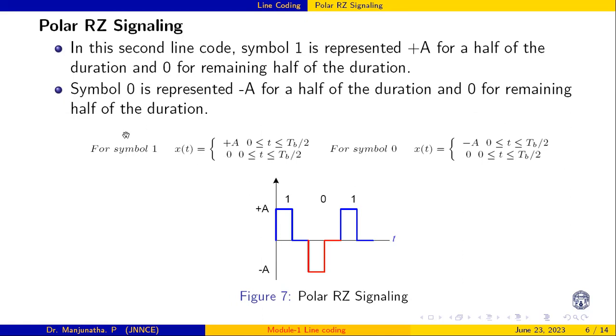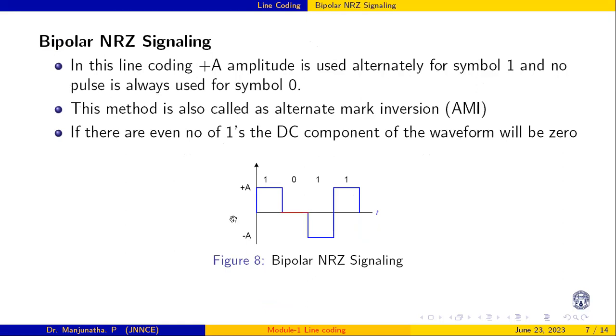That is, x of t is equal to plus A for half of the duration and 0 for the remaining half for symbol 1; for symbol 0, minus A for half of the duration and 0 for the remaining half. So consider 1: for half of the duration plus A and the remaining half is 0. For 0: minus A, and the remaining half of the duration is 0.